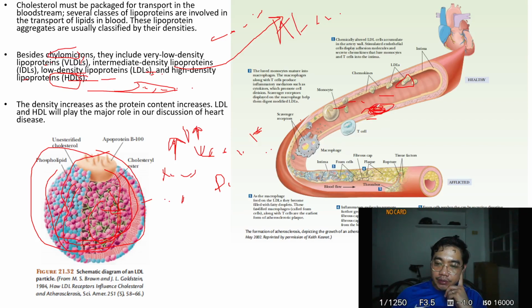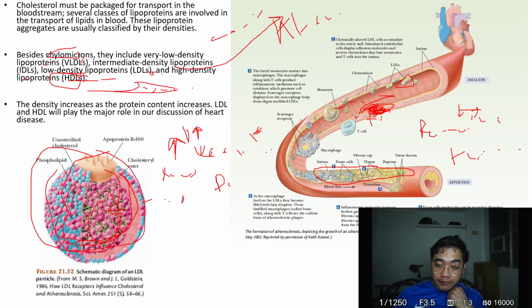Eventually, macrophages will go there and try to limit the cholesterol deposition by actually eating it. Eventually, it's going to be inflamed and you're going to have an atherosclerotic plaque. Remember that fat, in general, tends to attract calcium.